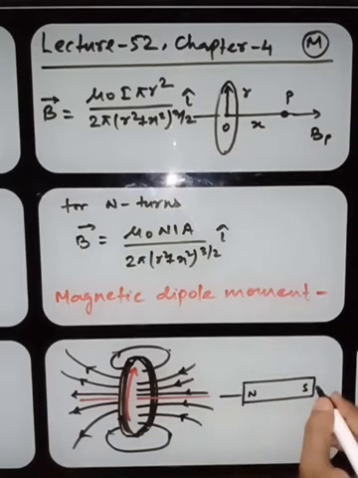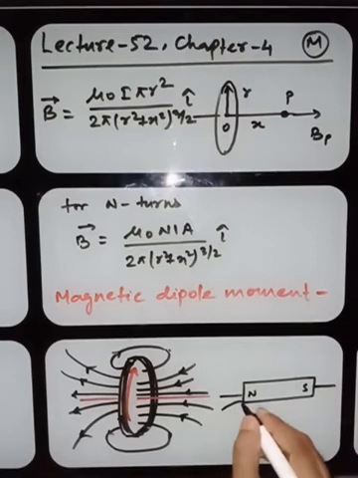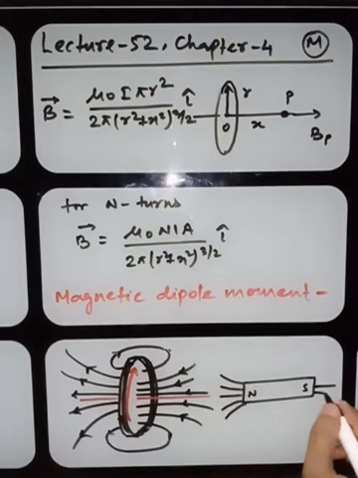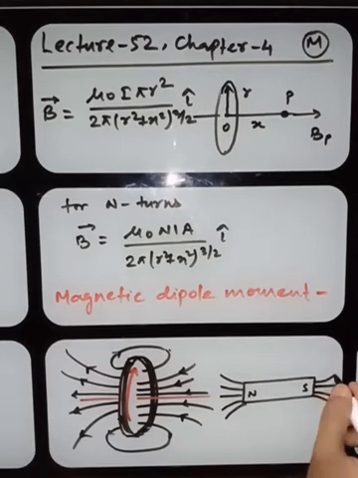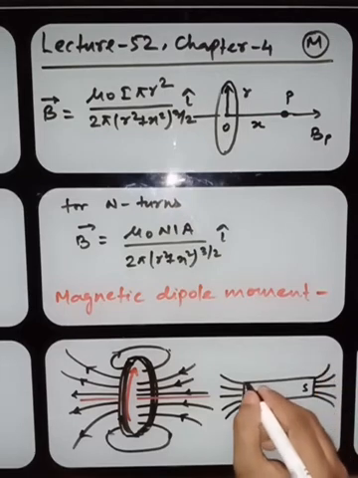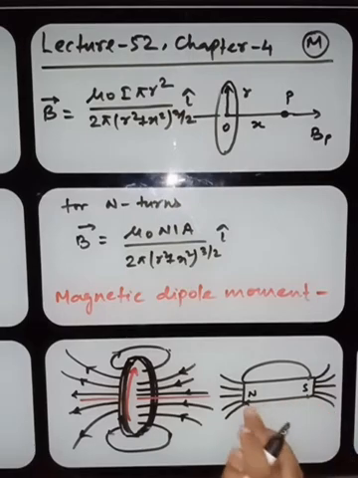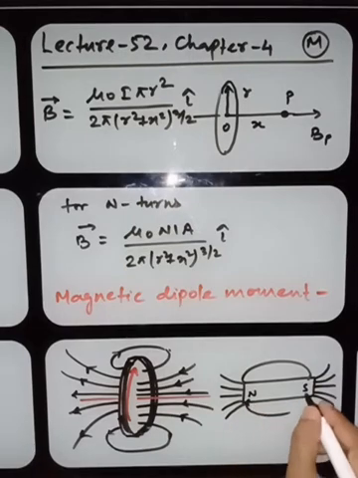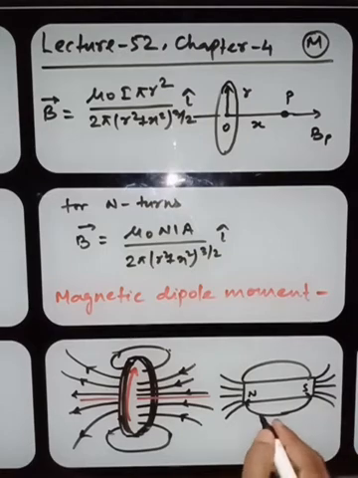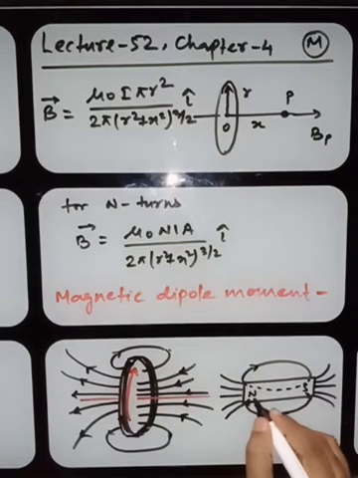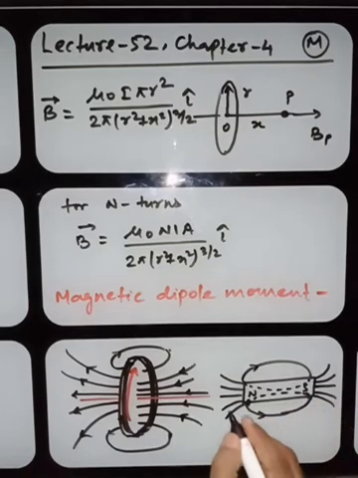Actually, from the north pole, magnetic field lines exit in this way, and inside the magnet the field lines continue to make the closed loop.